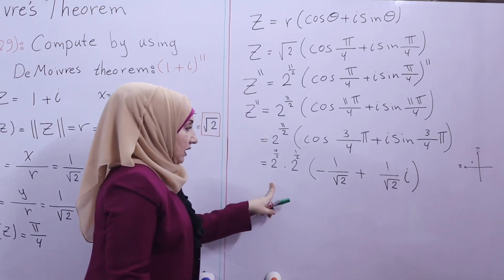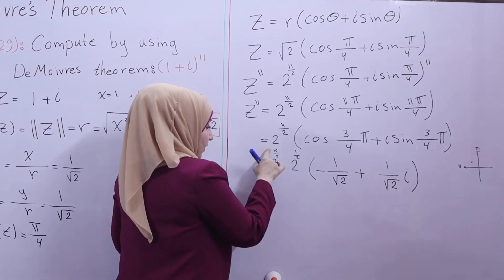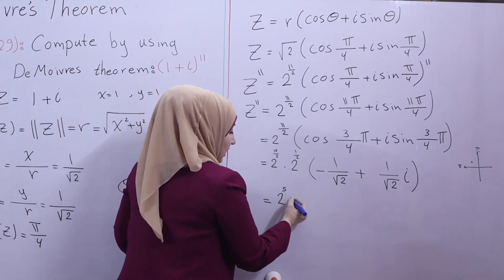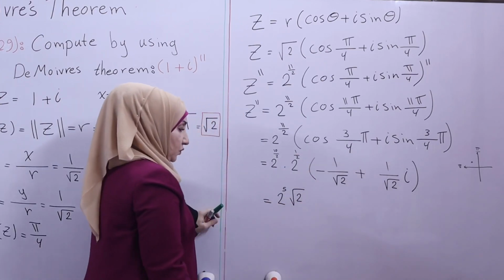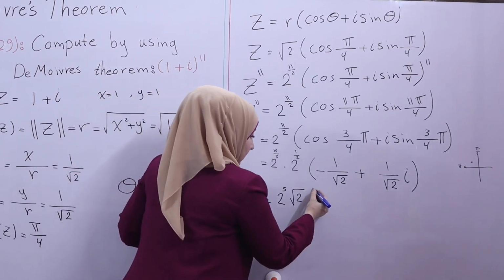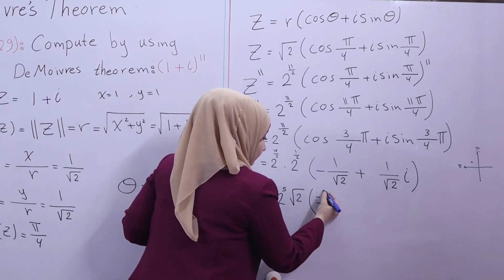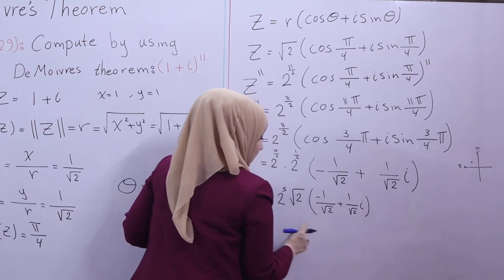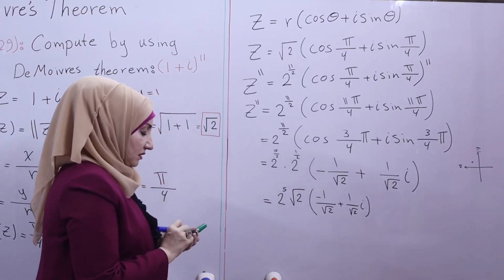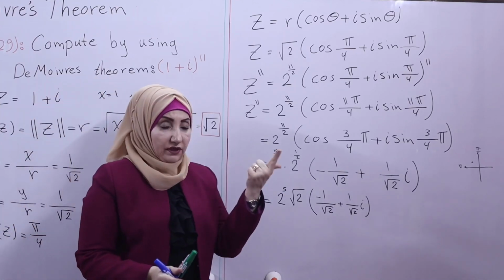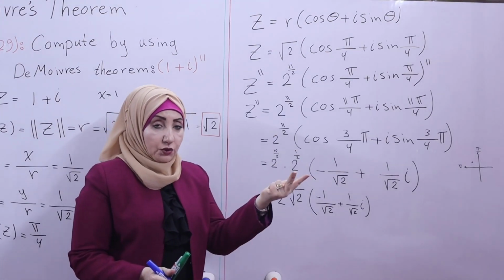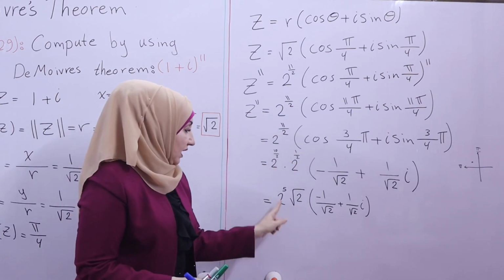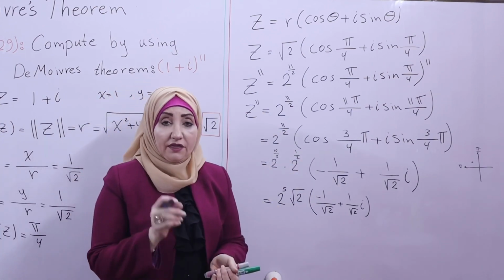So now we can simplify it. 2 power 10 on 2, that means 2 power 5. 2 power half, it means square root of 2. Multiplied by negative 1 on square root of 2 plus 1 on square root of 2 i. هنا أنا فقط 2 power 5 أقدر أبسطها: 2 للقوة 5، 2 في 2 4، 8، 16، 32. يعني 2 من أضربها في نفسها 5 مرات it will be 32.